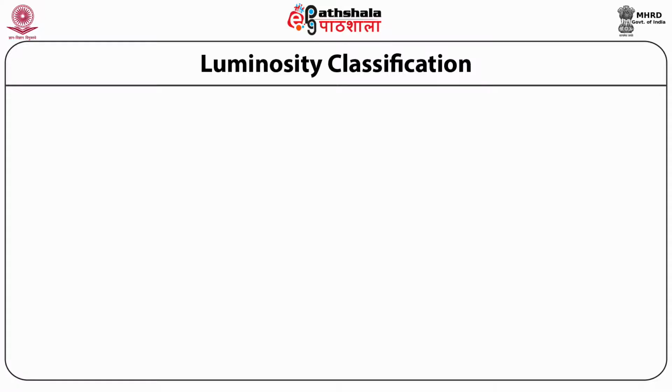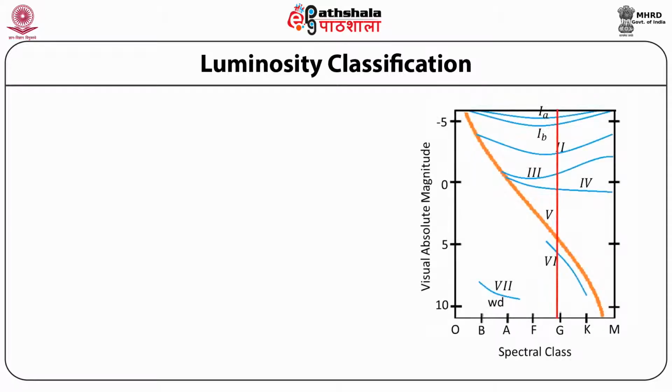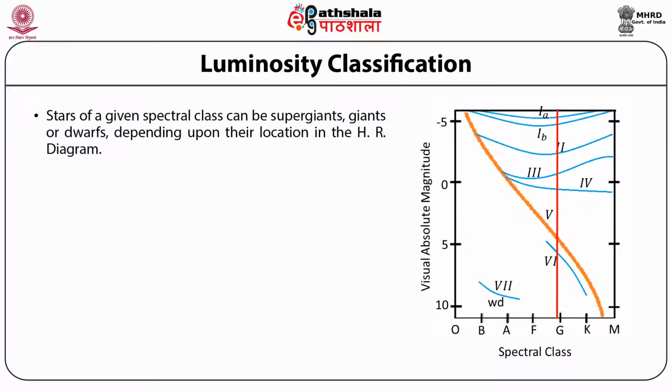Luminosity classification. The figure given here shows the schematic of luminosity classification. Stars of a given spectral class can be supergiants, giants, or dwarfs depending upon their location in the HR diagram.